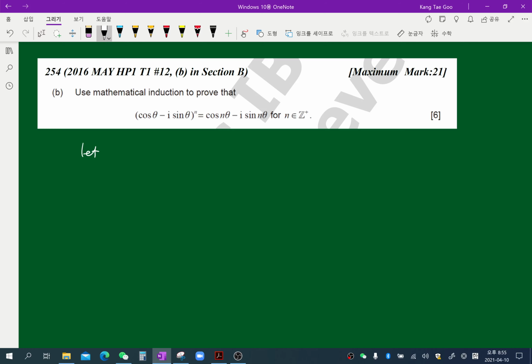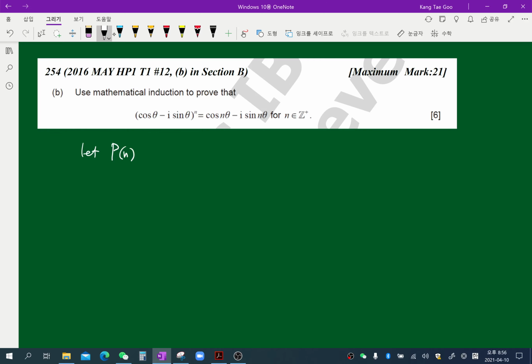The first line is let Pn be (cosine theta minus i sine theta) to the power of n equals cosine n theta minus i sine n theta, and n is any positive integer.